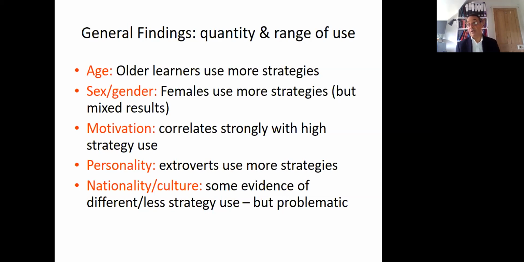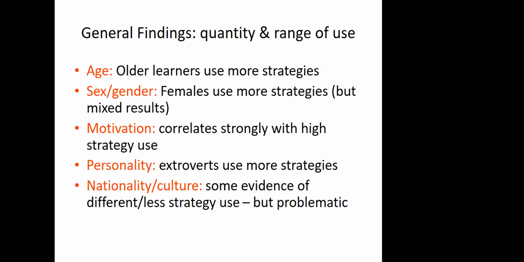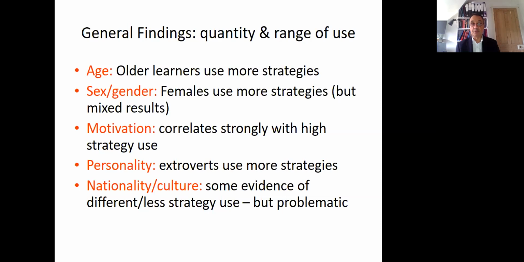Being strategic requires a lot of effort, and therefore you need motivation to push the effort along. Some evidence of personality, extroverts use more strategies than introverts, and then there's this whole business of nationality and culture. Some evidence that certain cultures use fewer strategies, but I don't want to go into that today particularly.